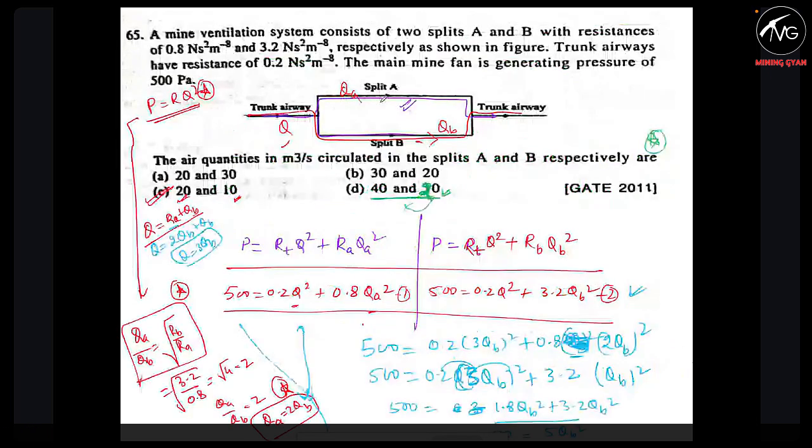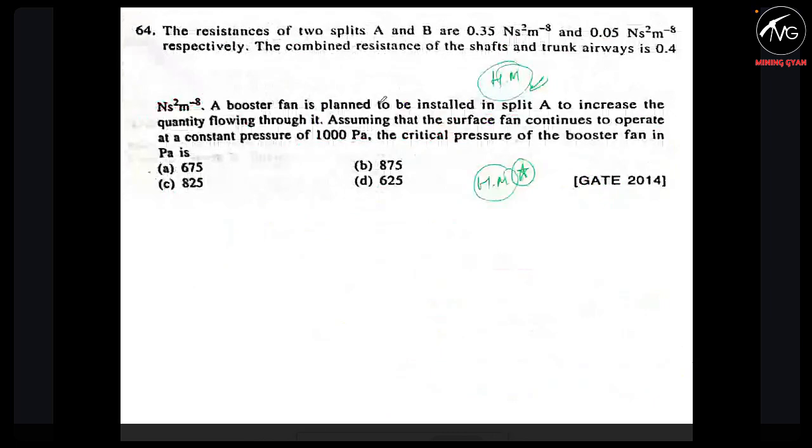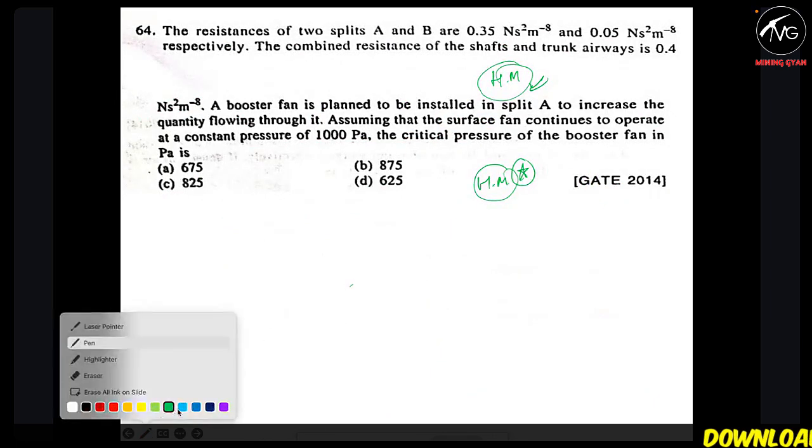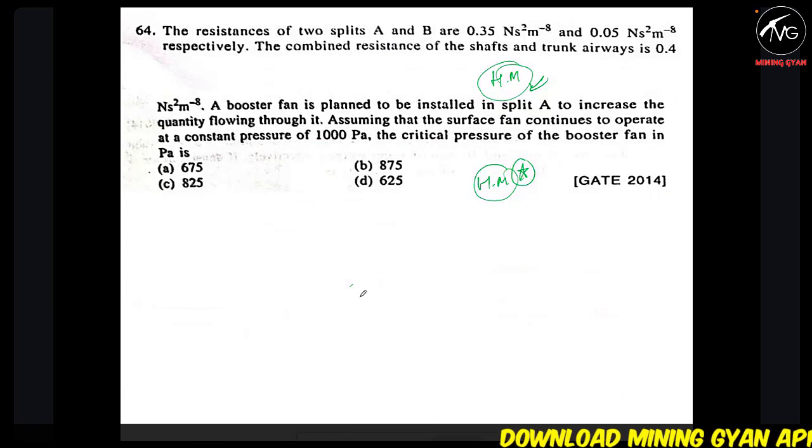And one more question, question number 64. We have seen a lot of similar questions, two or three.